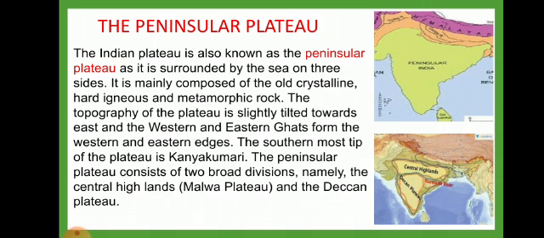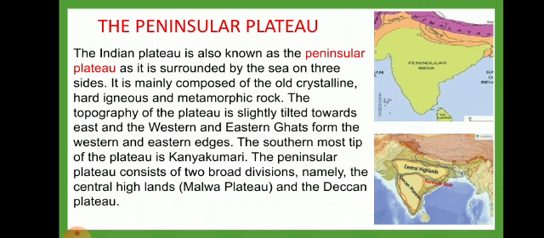The Peninsula Plateau. Do you know why it is called Peninsula Plateau? It is called Peninsula Plateau as to the south it is a peninsula, with three sides covered by water, and it is a tableland.